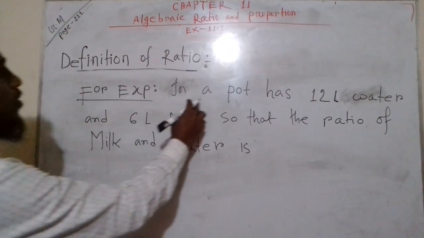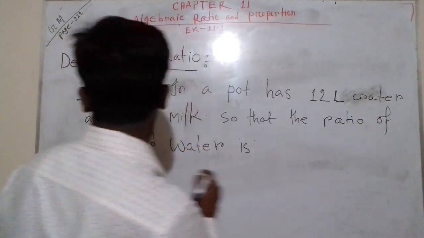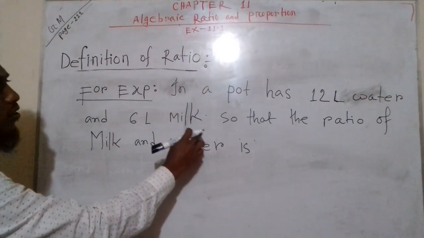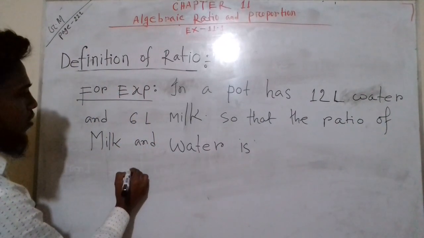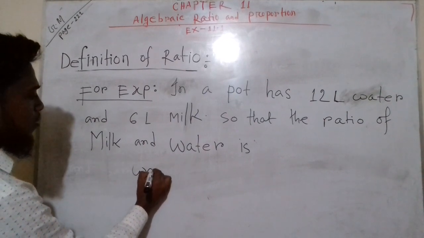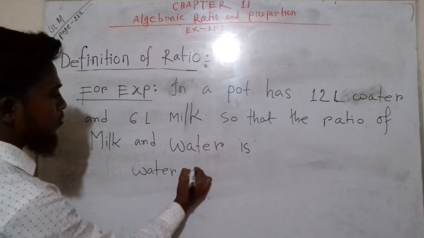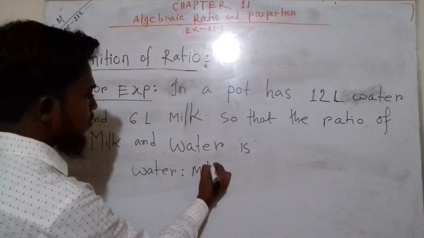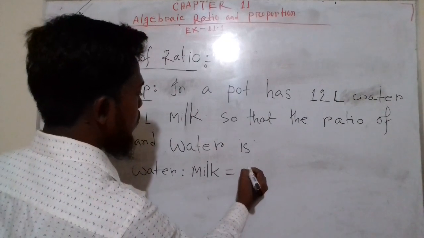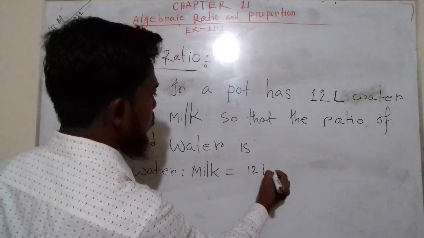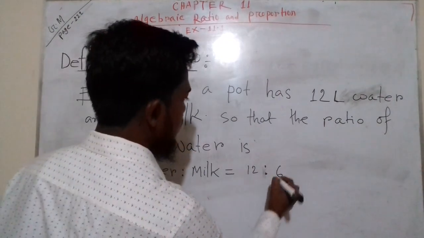For example, a pot has 12 liters of water and 6 liters of milk, so the ratio of water and milk is water is to milk equal to 12 is to 6.